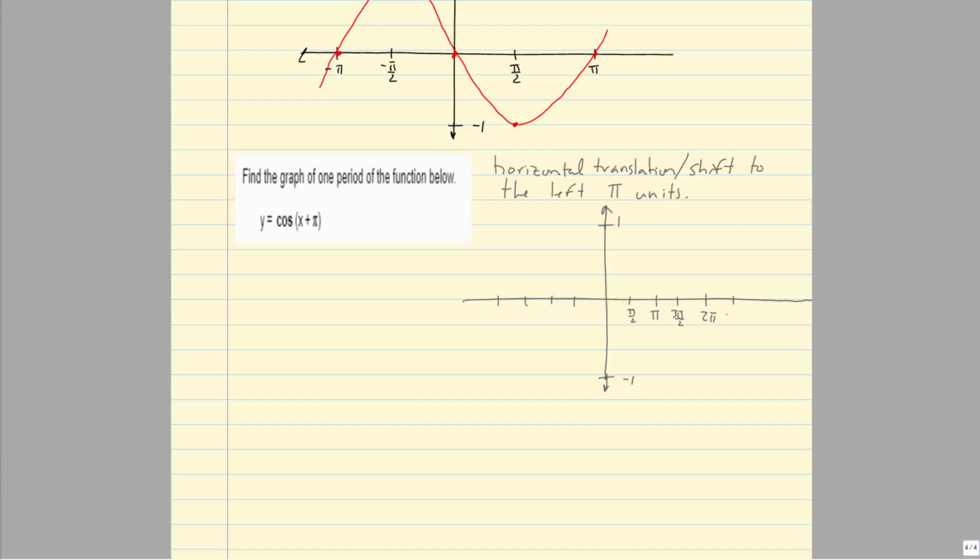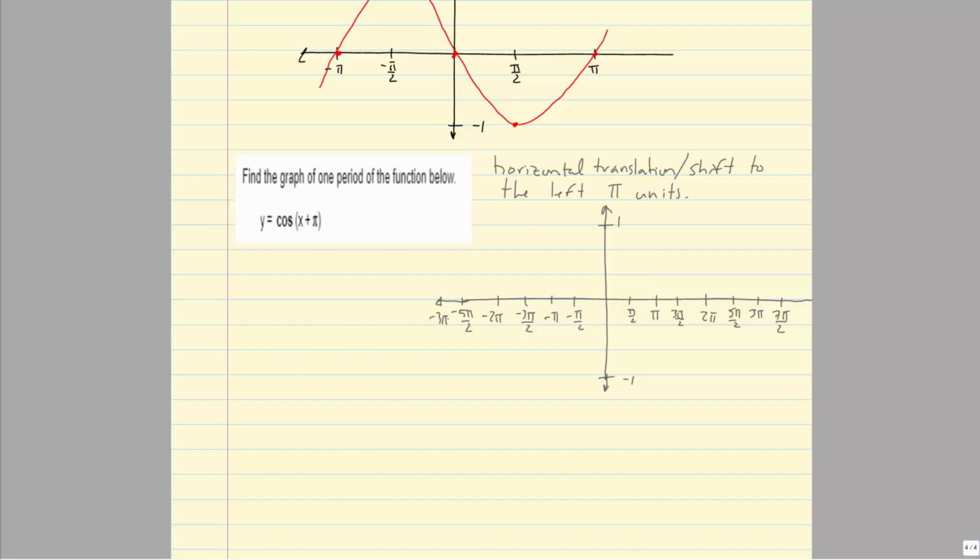Now if I kept going, 4 pi over 2, this would be 5 pi over 2. This would be 6 pi over 2, or 3 pi, and then 7 pi over 2. And again, I don't need this many points, but if I want to extend this in the other direction, I want to make sure that I have plenty of points to plot. I'll go a little bit further in this direction as well. Negative 5 pi over 2, and a negative 3 pi.